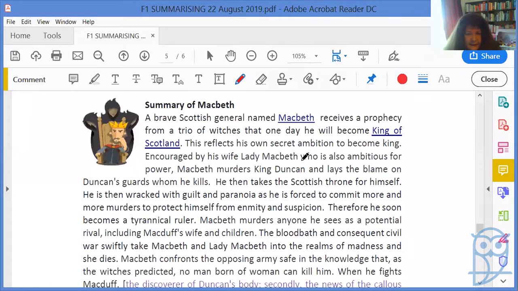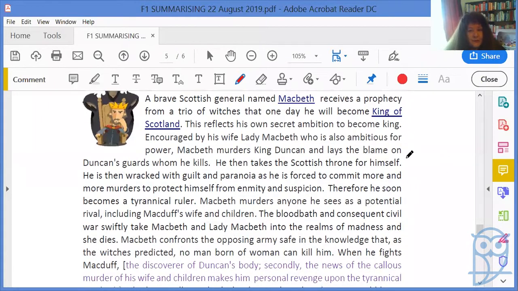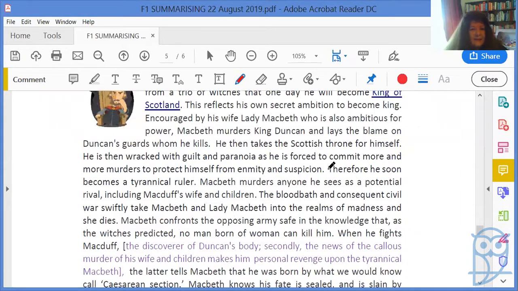Encouraged by his wife, Lady Macbeth, who is also ambitious for power, Macbeth murders King Duncan and lays the blame on Duncan's guard, whom he kills. He then takes the Scottish throne for himself, but he's racked with guilt and paranoia as he's forced to commit more and more murders to protect himself from his enemies and suspicion. Therefore, he became a very tyrannical ruler.